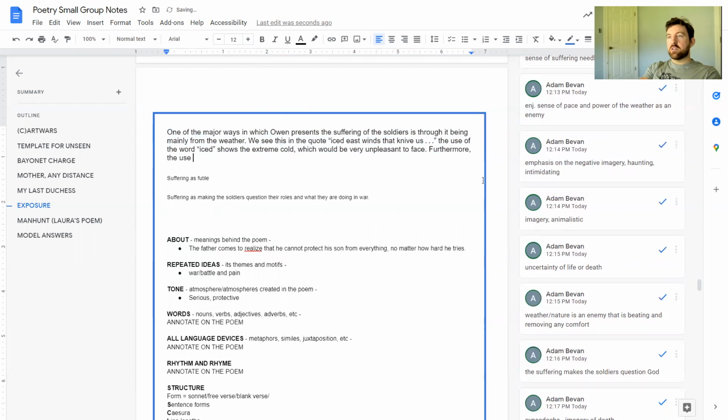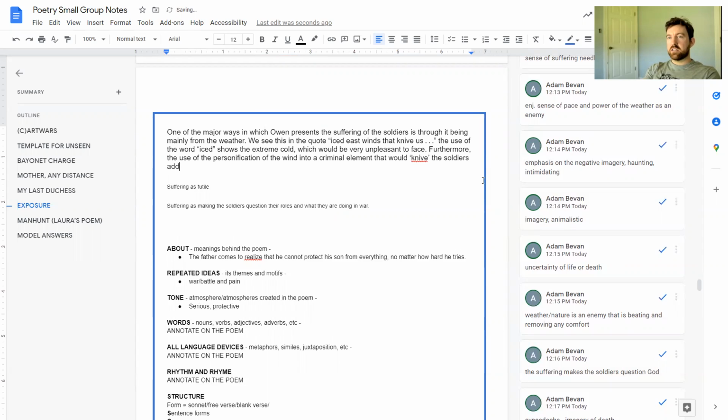Furthermore, the use of the personification of the wind into a criminal element that would knife soldiers adds to the suffering, as it creates a sense of constant threat.